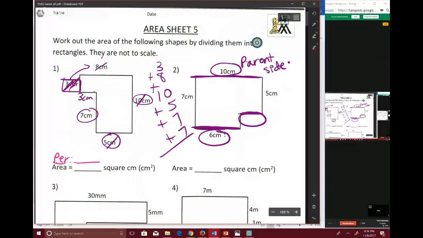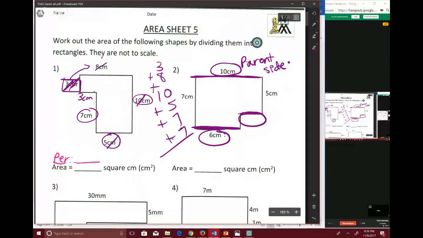I strongly recommend doing your addition a couple of times. It's obviously kind of easy to make a mistake here. So I'm going to add these all together, and this is 40, I think. I'm going to try it one more time. So 3 plus 8 plus 10 plus 5 plus 7 plus 3.